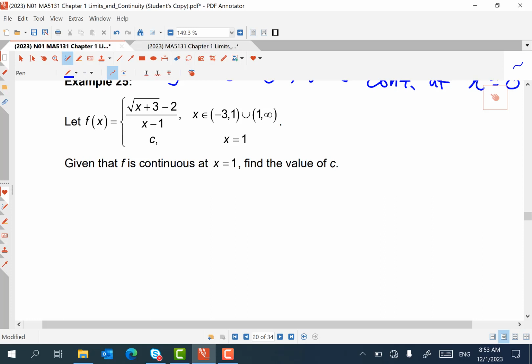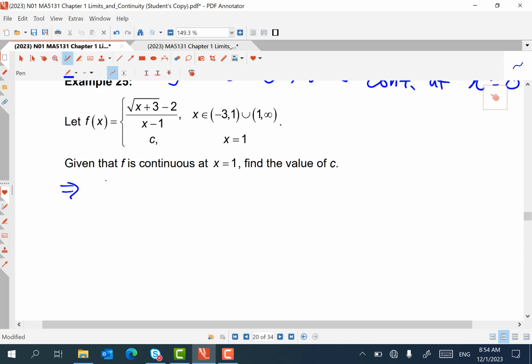Let's try this one. It says it is continuous at x equals 1. The moment it says the function is continuous at x is 1, what can you say?